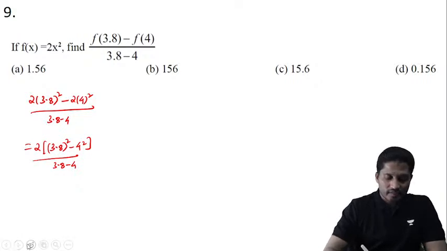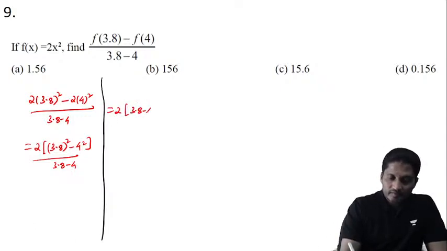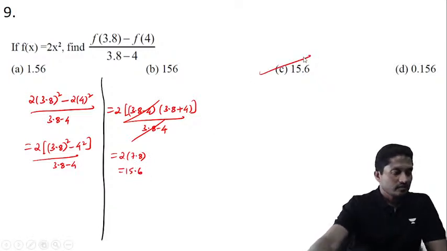Right, now if I simplify this, 2 into a square minus b square is (a minus b) into (a plus b), 3.8 plus 4, whole divided by 3.8 minus 4. This will cancel. 2 into this is 7.8, which is equal to 15.6. Answer is option C. Alright, let's move to the next question.